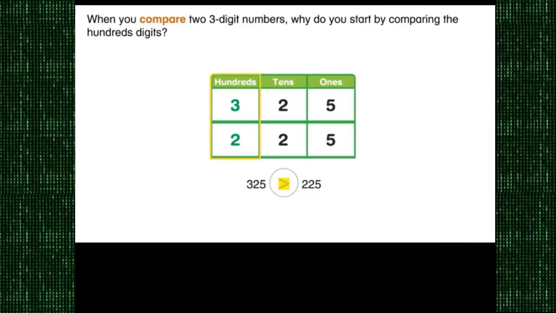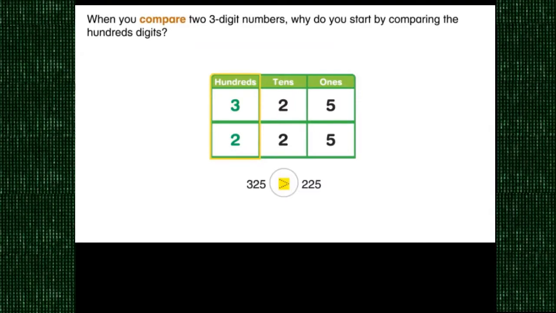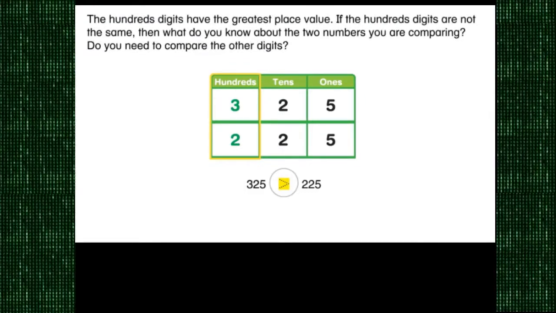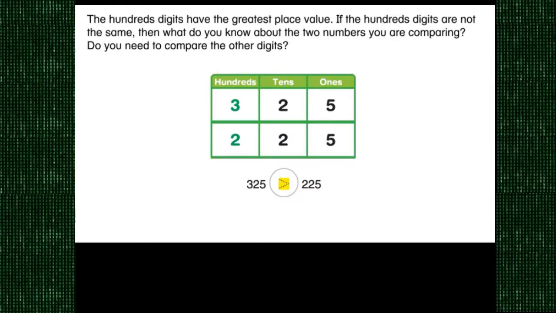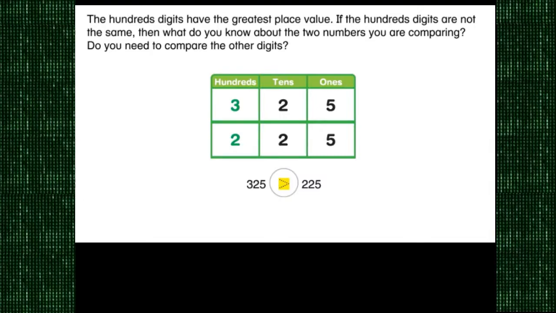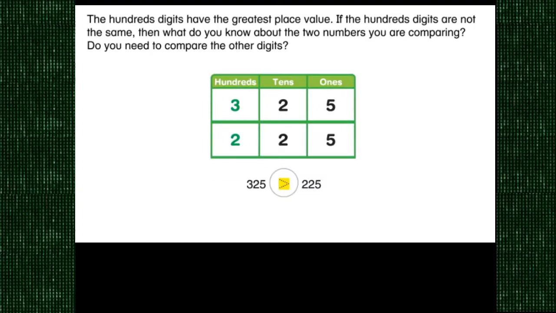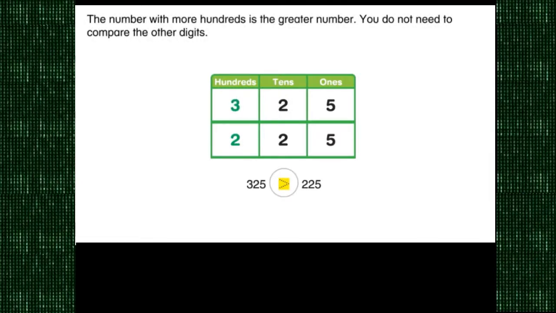When you compare two three-digit numbers, why do you start by comparing the hundreds digits? The hundreds digits have the greatest place value. If the hundreds digits are not the same, then what do you know about the two numbers you are comparing? Do you need to compare the other digits? The number with more hundreds is the greater number.